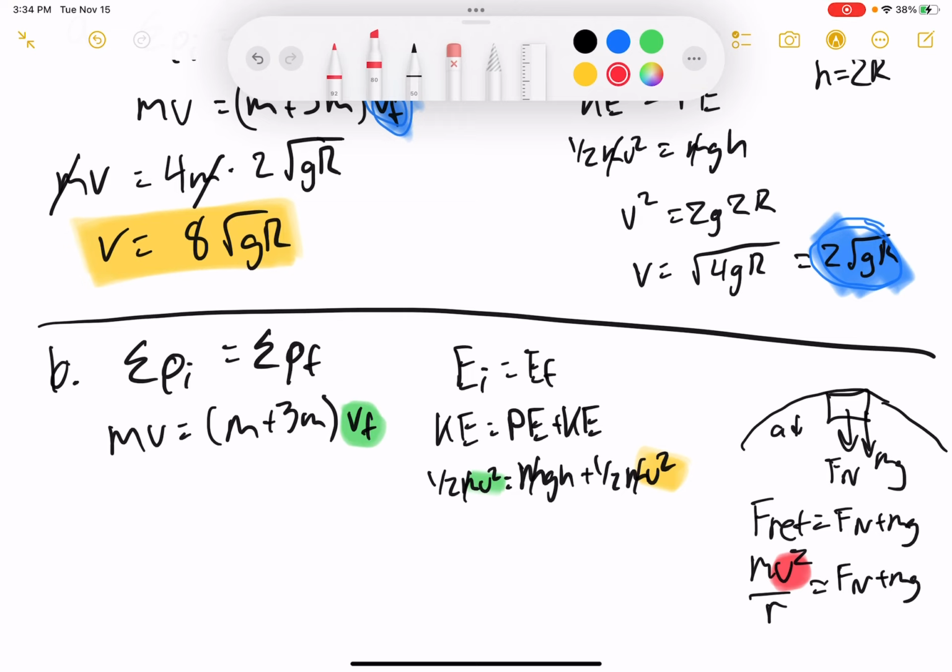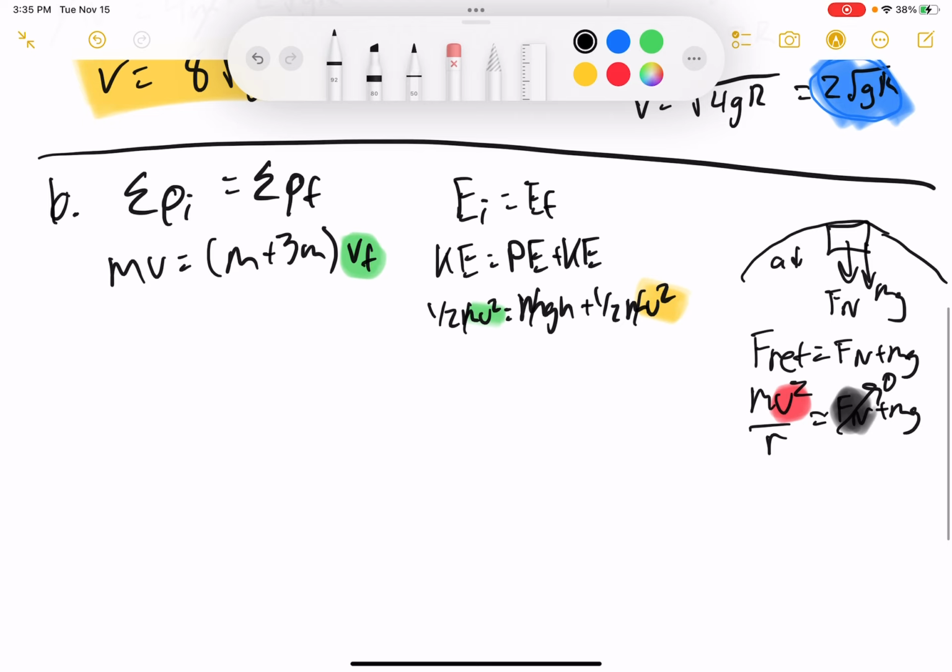m, r, g, those are all constants. They're not changing. The only thing I can change is this Fn, and the lowest value for Fn potentially is just 0. So I'll go ahead and cancel this out to 0. Hopefully you remember seeing a question like that before.